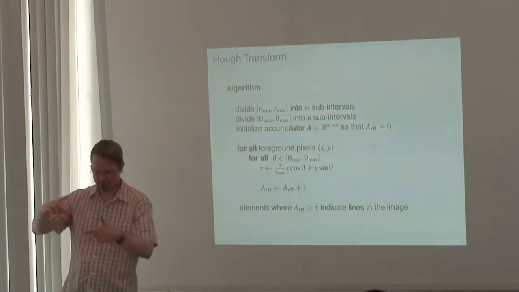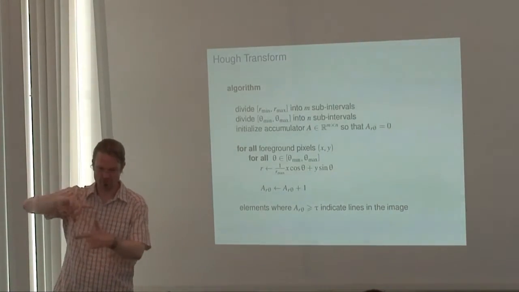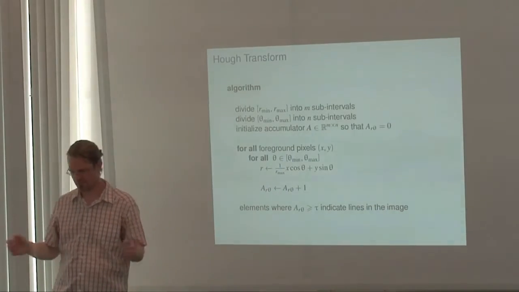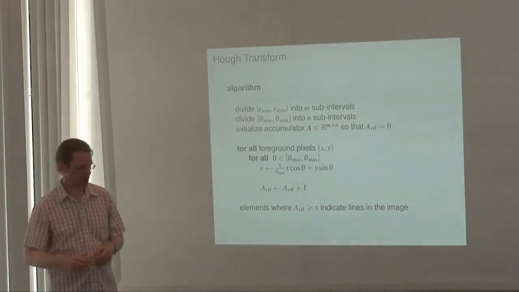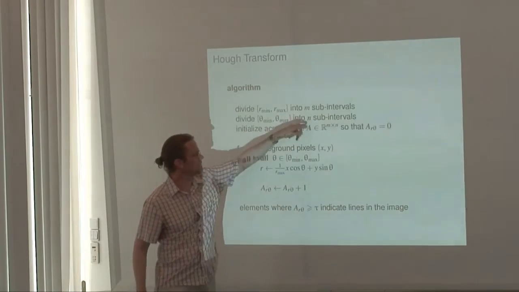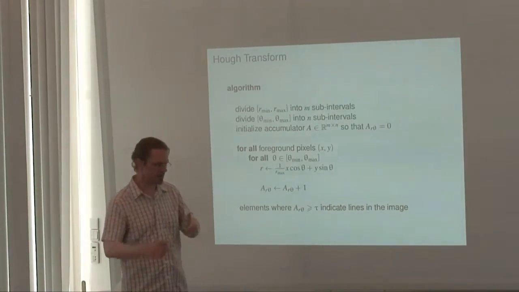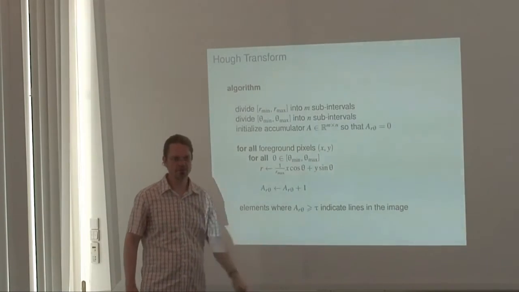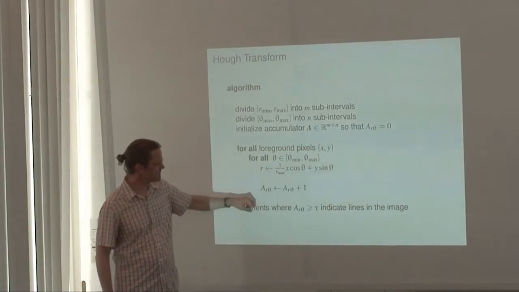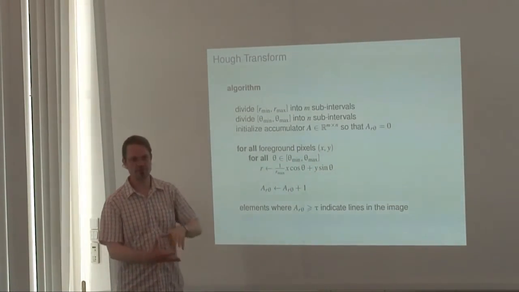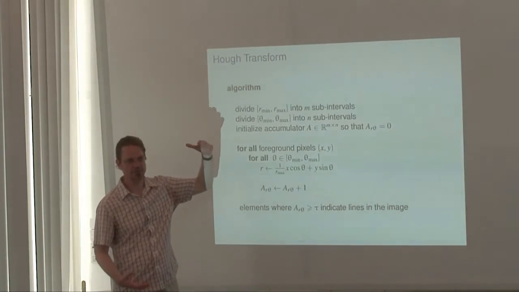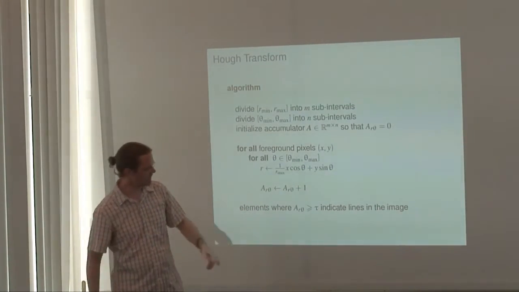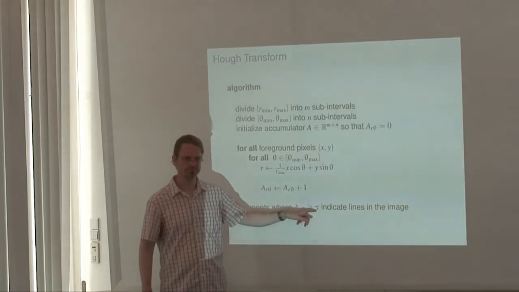In particular, if you're dealing with a larger image or a smaller image, you have the same amount of noise, but in the larger image, there will be more foreground pixels. So it is very likely that in the larger image, your accumulator will have larger values than in the smaller image. So therefore, how to choose this threshold?